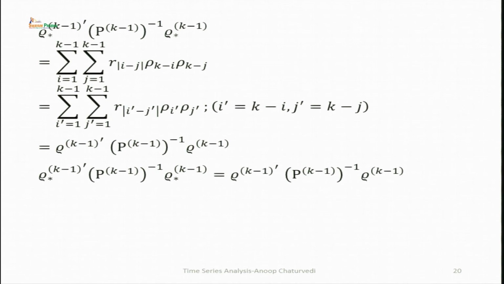And then we take i dash equal to k minus i, j dash equal to k minus j. So you can write this summation in this form, and ultimately this is equal to rho_{k-1} transpose P_{k-1} inverse rho_{k-1}. So this shows that these two quantities are equal.